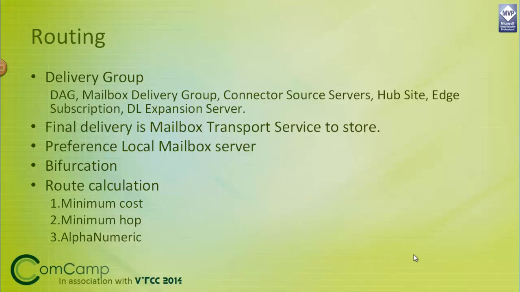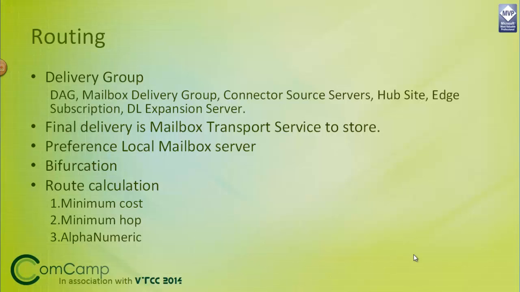Then route calculation. Exchange 2013 routing calculation will look for minimum cost. So the first option is the minimum cost. If there are two or more routes with same cost, then it checks the hop.